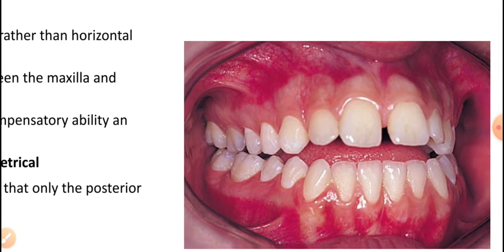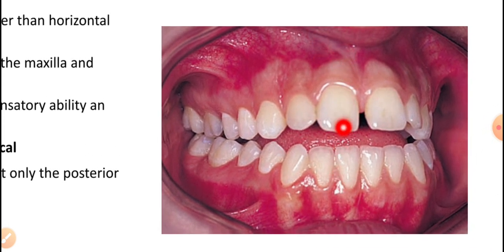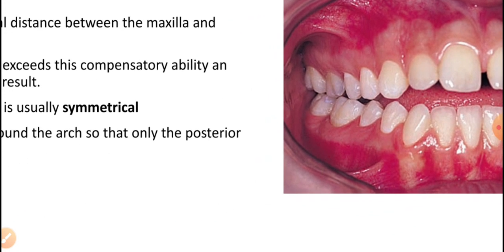By this I mean that if this vertical distance between maxilla and mandible increases, to some extent the dentition compensates for this increase by extrusion. But if this distance increases beyond their ability to compensate, then there is establishment of this open bite.